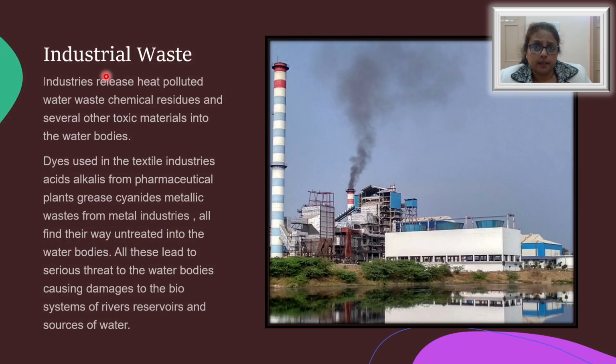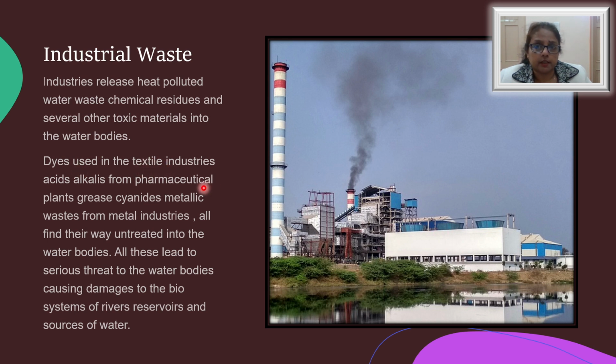Elsewhere, we find that industrial waste is also responsible for causing water pollution. Industries release heat, polluting water, and waste chemicals, residues, and several other toxic materials into the water bodies.